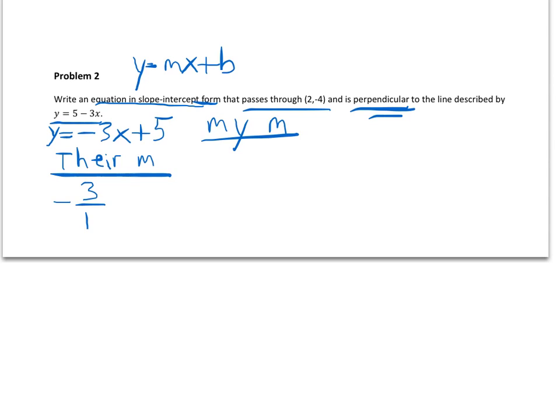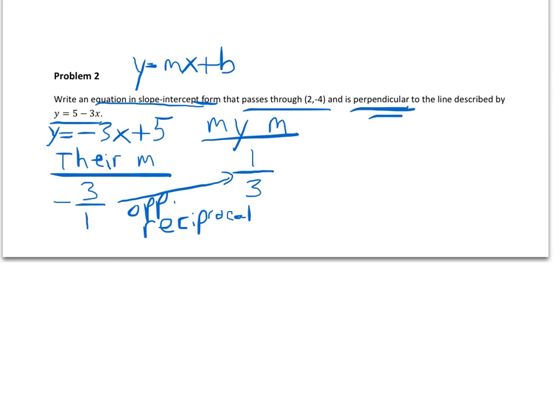So my slope would be 1/3. Again, opposite reciprocal, and let's write that in. Opposite reciprocal. That's a property that I know about perpendicular lines.